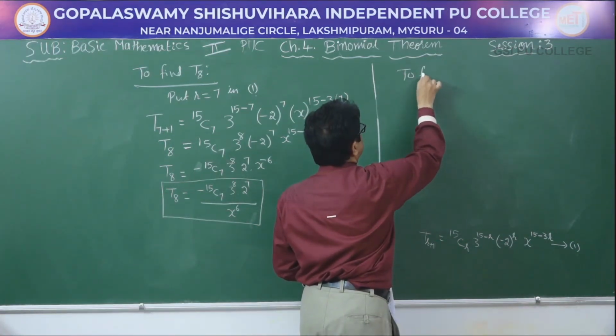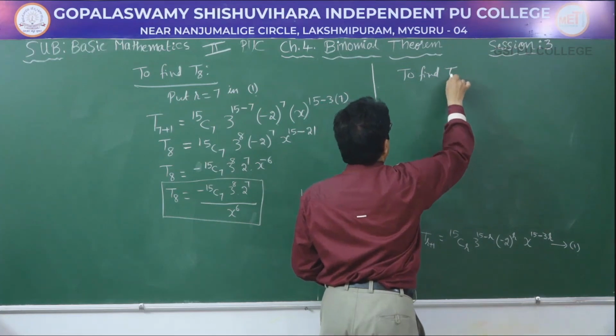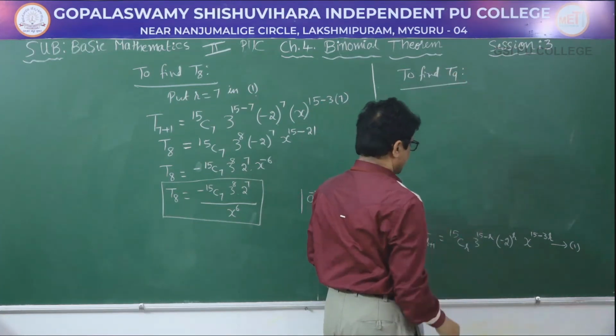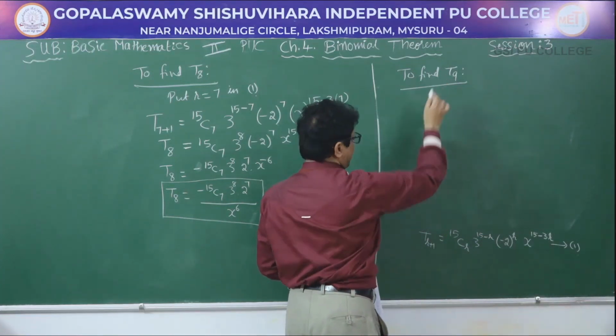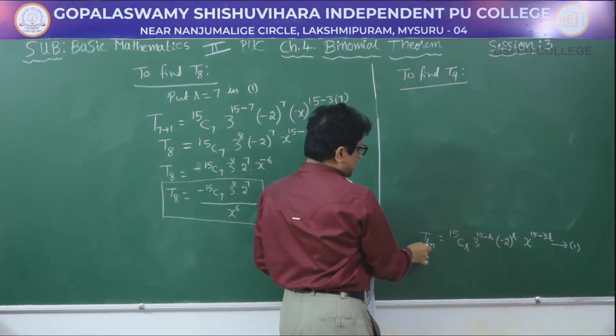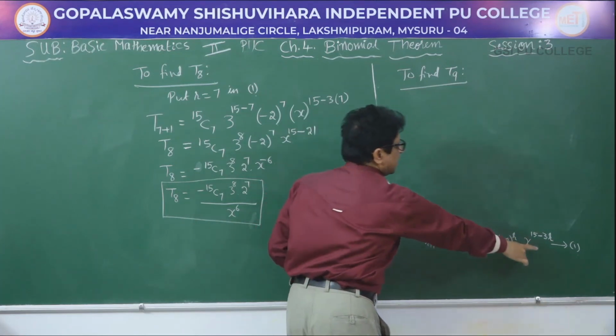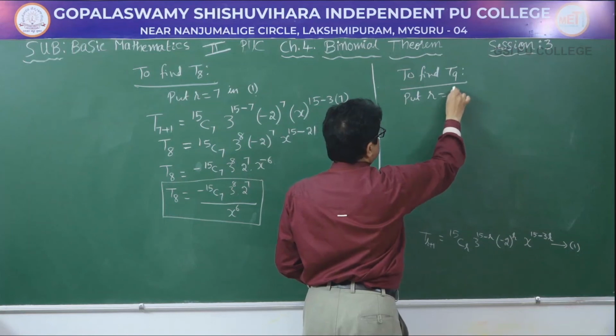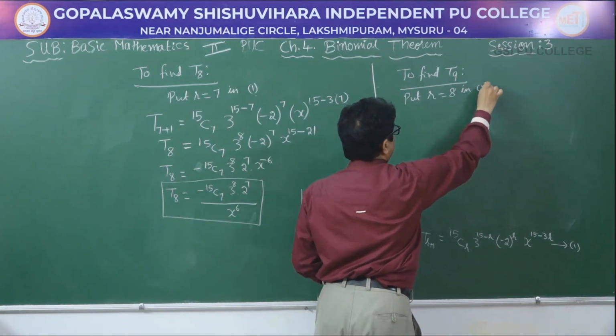Next, we have to find T9. So, to find T9, we shall put r is equal to 8 in equation 1. So, put r is equal to 8 in 1.